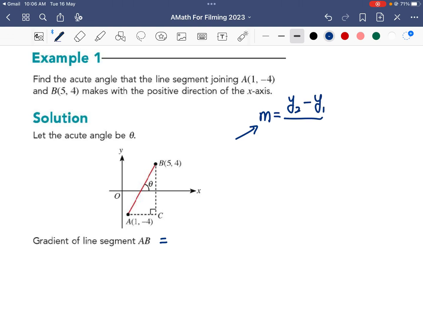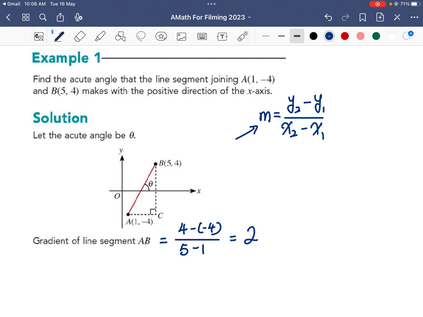It's y subscript 2 minus y subscript 1, divided by x subscript 2 minus x subscript 1. So the gradient of the line segment here is 4 minus -4, I'm using the y values, divided by x subscript 2 minus x subscript 1.